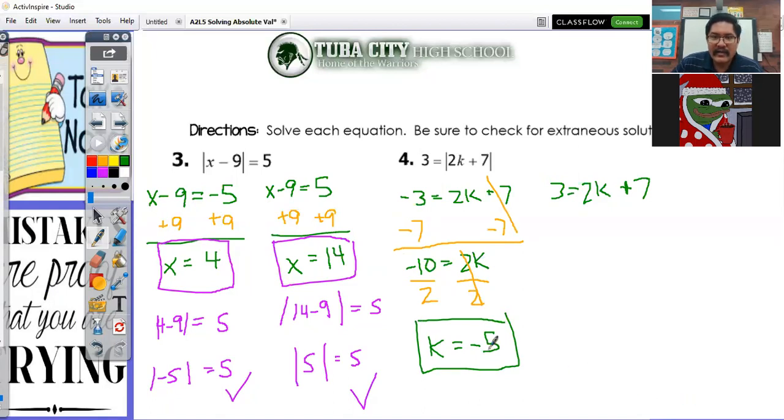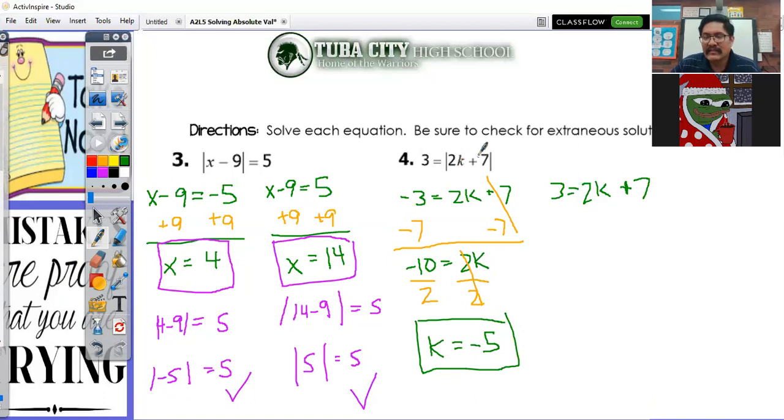And then we check it really quick. Again, I can't write them all out. In this case, I have no space to write anything out. But on the assignment, on the papers that you have, you should have enough space to write all this stuff out. It shouldn't be that big of a deal. So let's go ahead and plug it back in. 2 times negative 5 is negative 10.